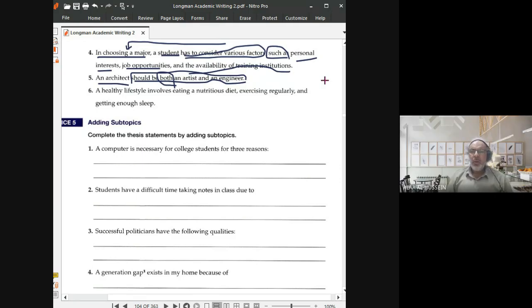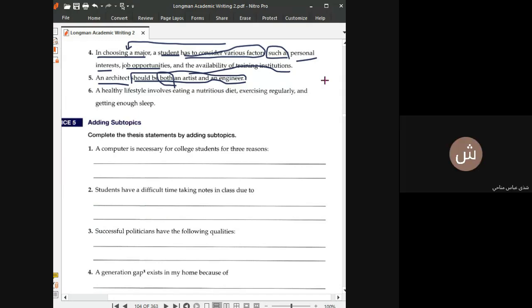Okay, good. What about the controlling idea? Exercising regularly.